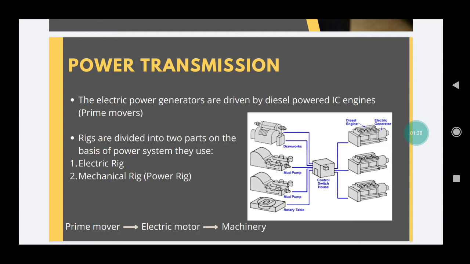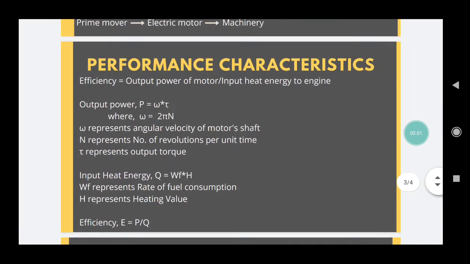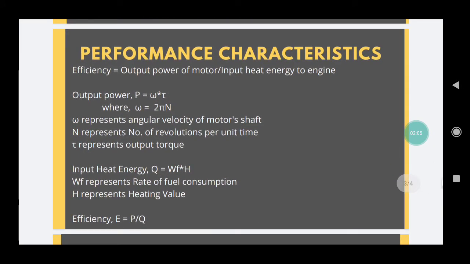But in a mechanical rig, the power from the prime mover is directly transferred to the machinery via chains and sprockets and other mechanical means. These days I think 99% of rigs everywhere in the world are using electric rigs.